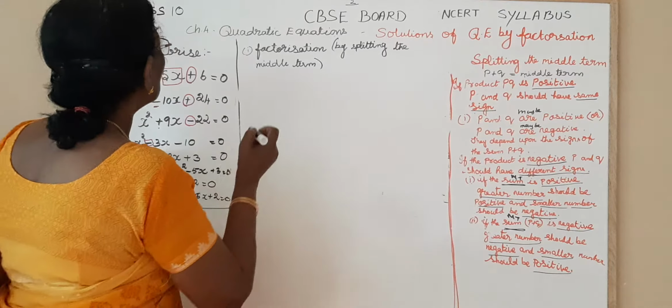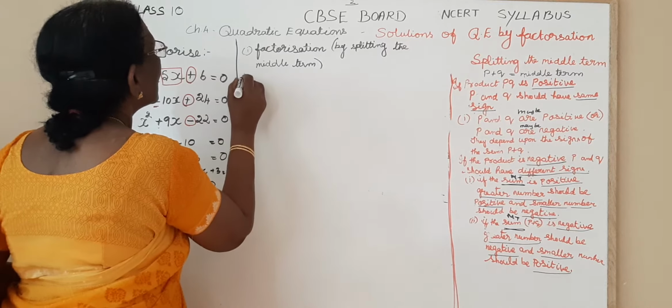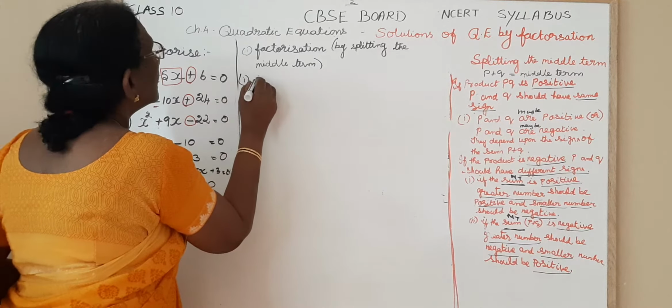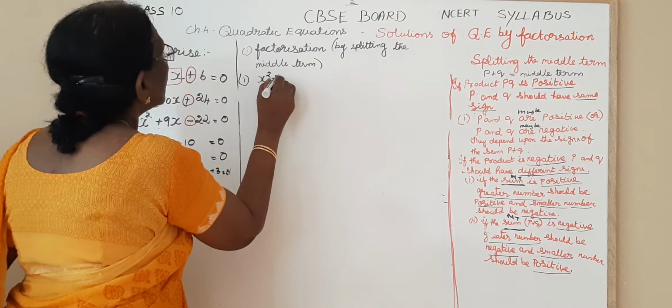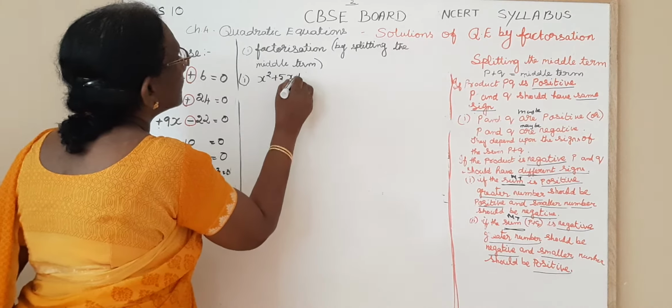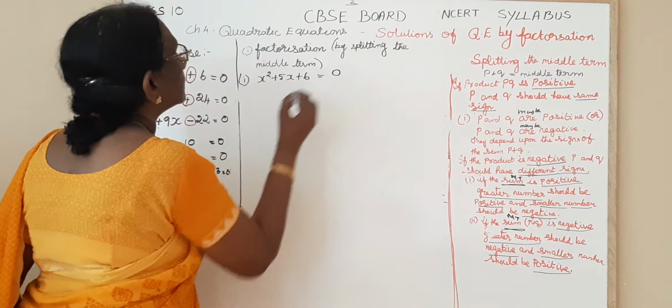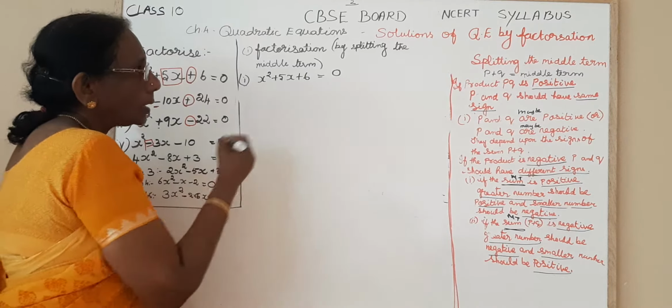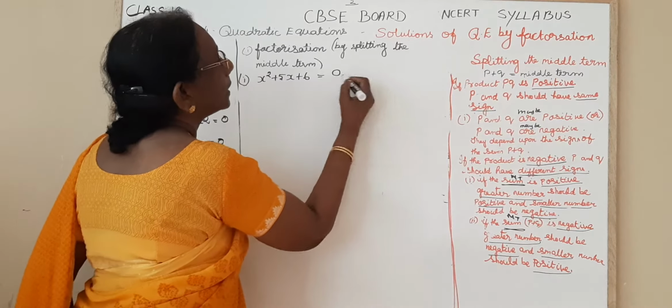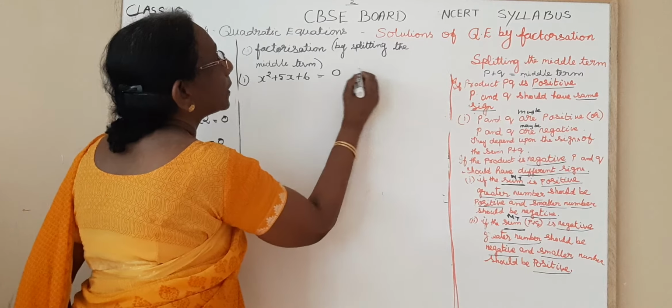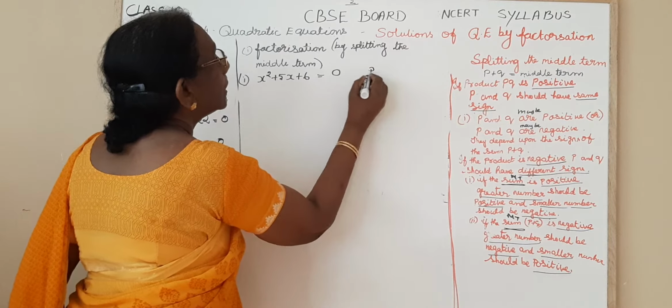Now the first question is x squared plus 5x plus 6 is equal to 0. Now we do this splitting in the rough column.